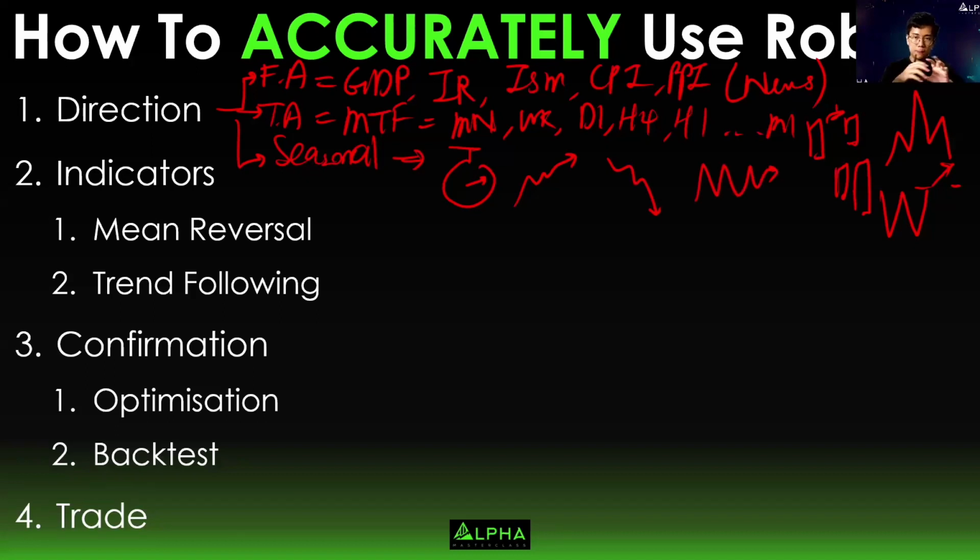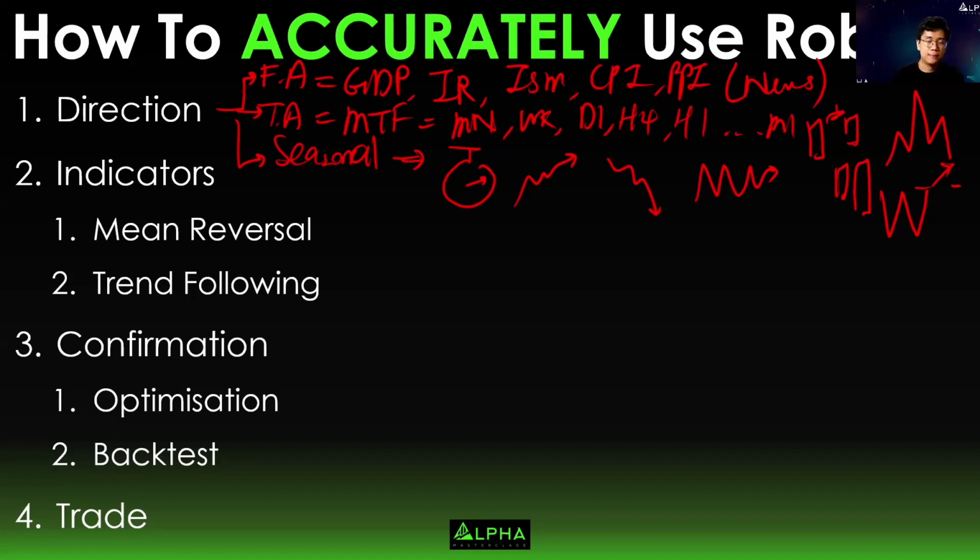Based on this, we don't care about fundamental or technical already. Based on this, we can already define that this week should buy or should sell. This month should buy or should sell, and the next few hours should buy or should sell. We base it on the time itself.